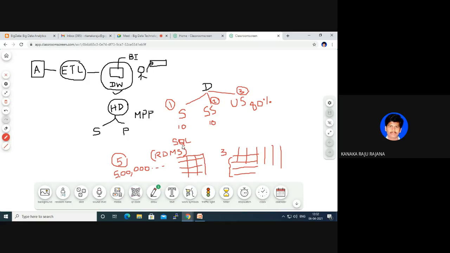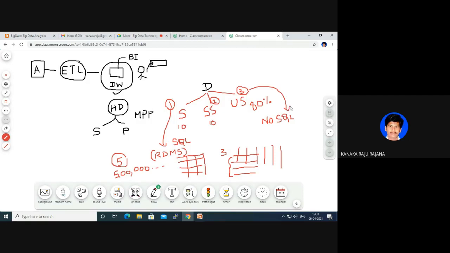That's the reason why they have created NoSQL, which is another database server which is going to support non-relational databases. So this talks about all the relational database information, and this talks about all the non-relational database information. Is this clear?